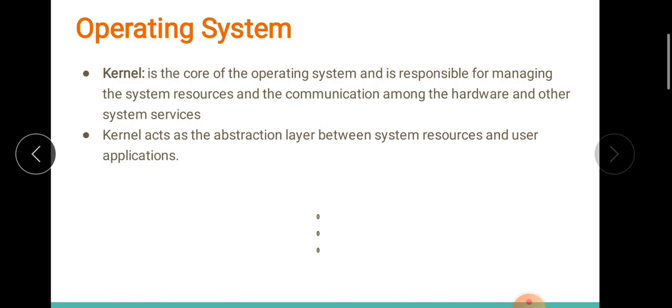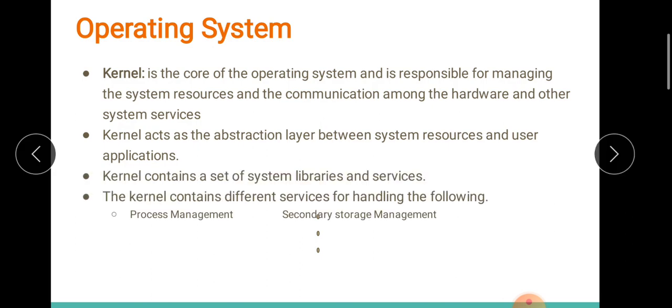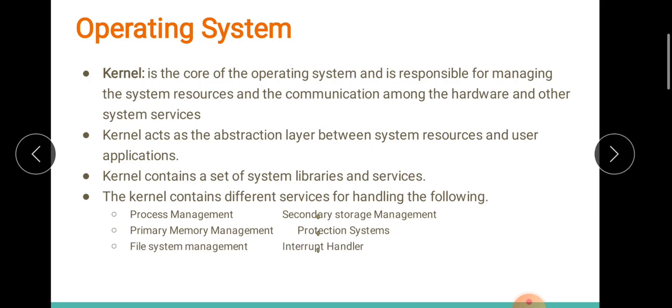And what are these different services? Let's see. They involve process management, primary memory management, file system management, input-output system management, secondary storage management, protection systems, interrupt handlers, and so on. So let's see each of them in detail.